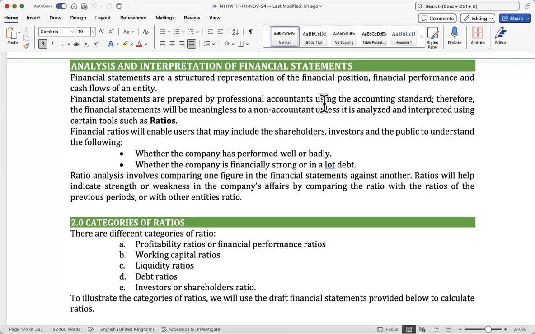For example, it's not just enough for you to look at the revenue of a company in year 1, and you saw that the revenue in year 1 was 10,000 naira. And in year 2, you now saw that the revenue has increased from 10,000 to 12,000. You might be wrong if you judge that this company is doing well in terms of efficiency, in terms of improving its revenue.